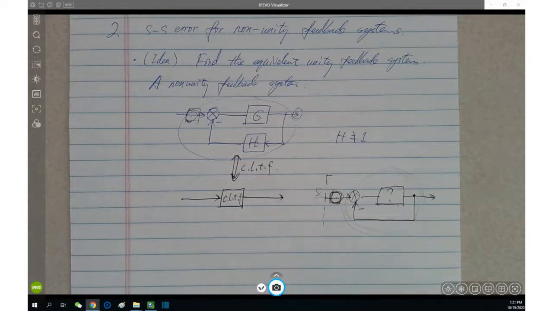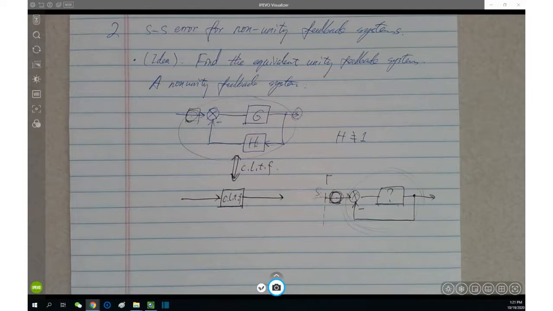So keep thinking here. Focus on here. How do you make this become a unity feedback system? By applying the block algebra. Alex is saying to find the open loop transfer function, which is GH, as the new forward transfer function GH.